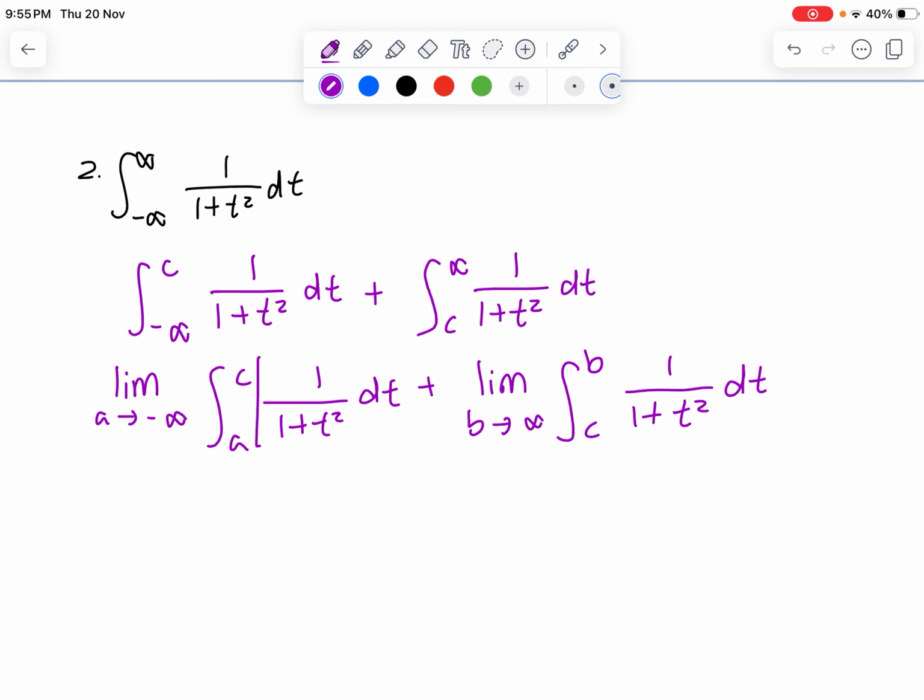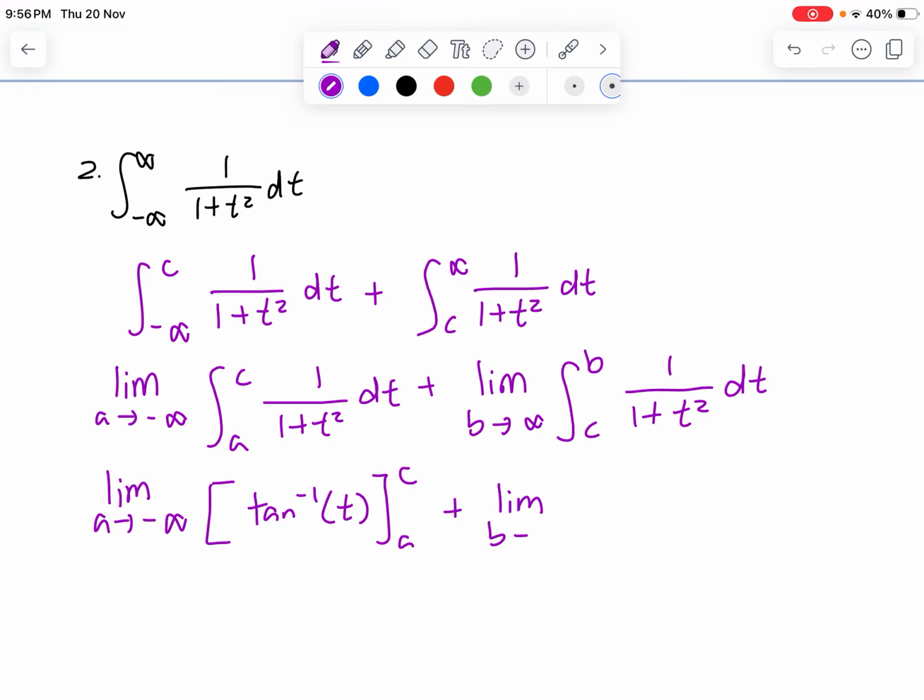First, how do we integrate 1 over 1 plus t squared? If you look back at trigonometry, 1 over 1 plus t squared is basically the inverse trig. The integral of 1 over 1 plus t squared is tan inverse of t, and it's the same on this side as well.